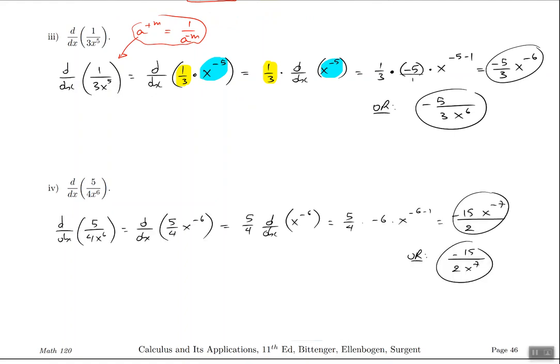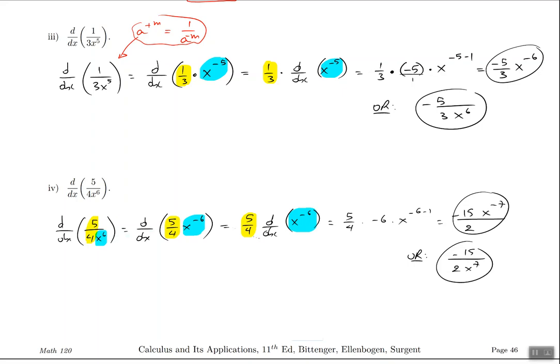So again, I noticed that there's a fraction first, the 5/4, with the x to the 6 on the denominator. So first of all, I need to get the x to the 6 out of the denominator, so I do that by rewriting it with a negative exponent. Then I notice that there's a constant being multiplied by a function, so I just drop the constant out of the derivative and I just focus on the x's.